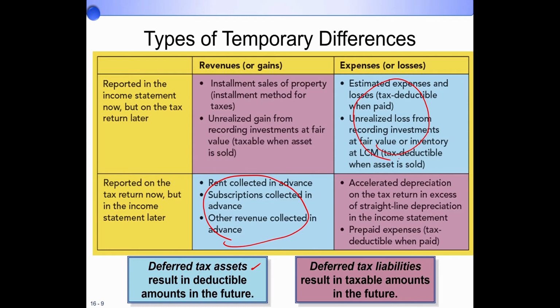So those two situations result in our accounting income being less than taxable income, so taxable income is greater than accounting income. Relatively, we're going to pay more tax right now, but we will have future deductible amounts, and that's going to result in future benefits.